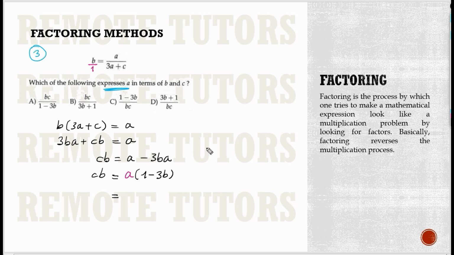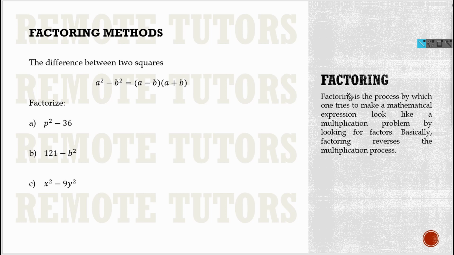At last, we will isolate a after dividing by 1 minus 3b, so variable a is given by cb divided by 1 minus 3b. And this is shown in choice A.